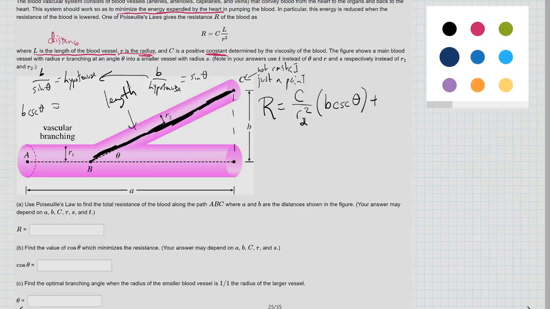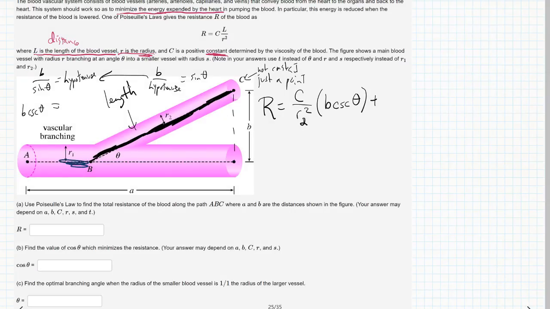Now, let's handle the second part, because we need this distance. But in order to get that distance, we're probably going to need this distance right here. And the way we can get that is, so first off, for this distance, we can go B over adjacent equals tangent of theta.